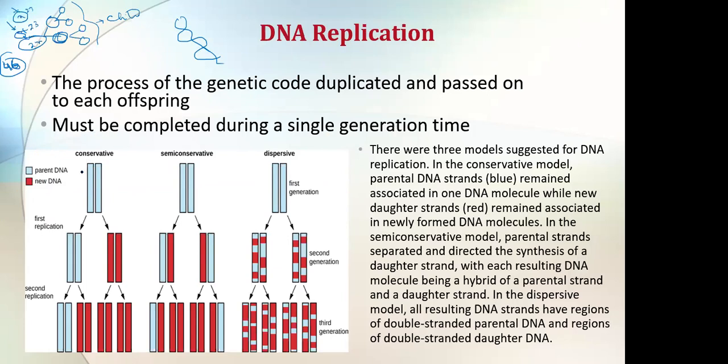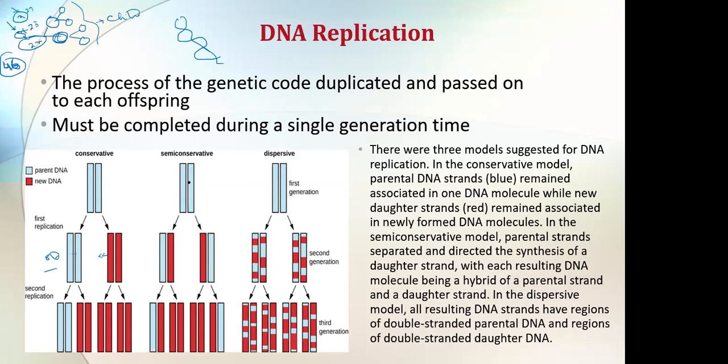In the conservative process, both the strands remain together, and they make a mirror copy of those old strands. You can say this is the old one, and it's a copy of that old strand. So that's the conservative DNA replication process.